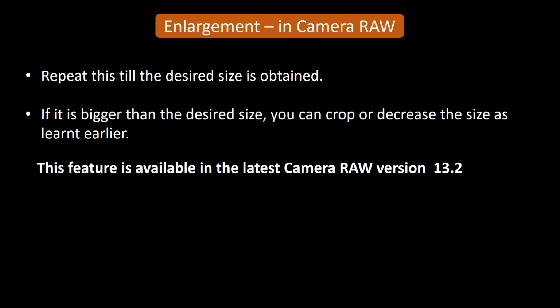And you can repeat this process till the desired size is obtained. If it is bigger than the desired size, you can then crop or decrease the size as we have learnt in the previous sessions. This feature of Enhance is available only in the latest Camera Raw version, 13.2.